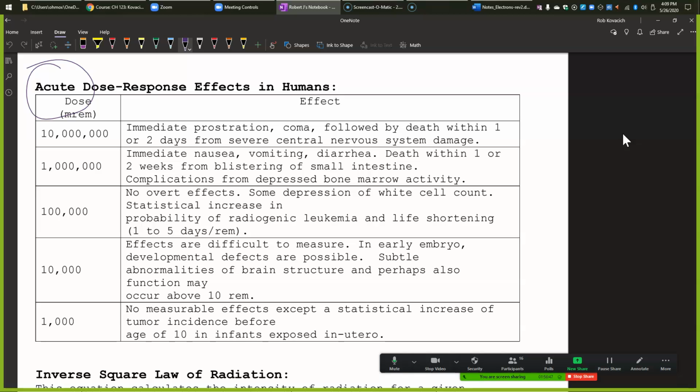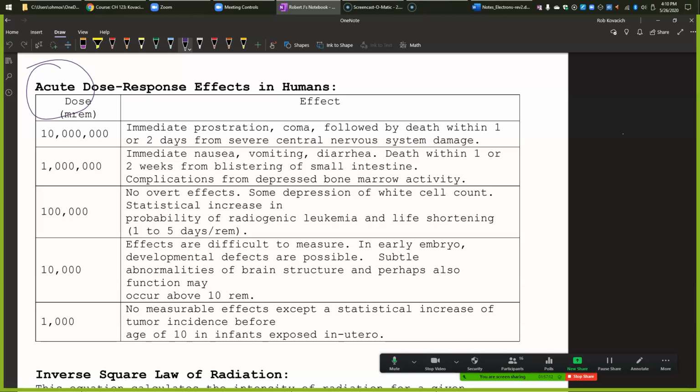Keep going with that. It affects unborn babies more than anything else. So these first two are like, hey, do not have a pregnant woman anywhere near this because it will affect that baby that's in utero. Like, no effects for the first two unless we're talking about someone who's in utero.